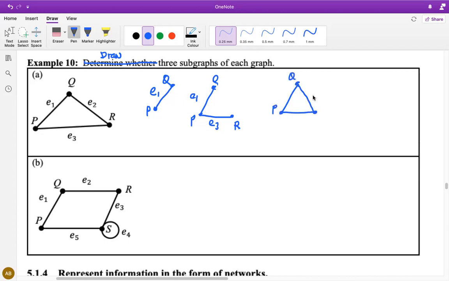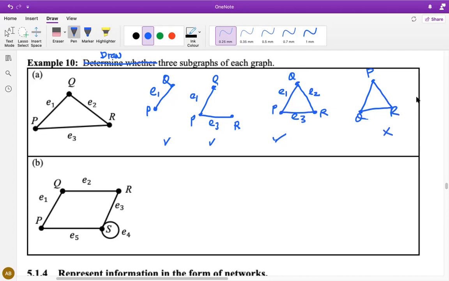So P, Q, R. Then you just write down everything given. So if this is 1, 2, 3, of course this is correct, right? So it's better to play safe. And one more thing, don't try to be too clever. Let's say I just write P, Q, and R. Is this correct or not?